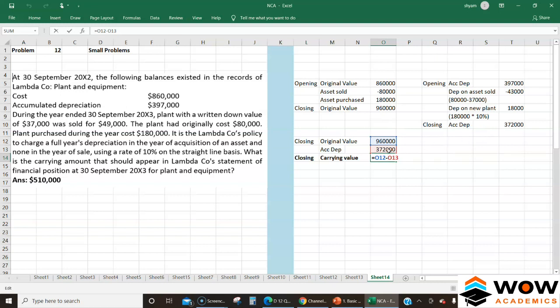But the answer comes to 5,88,000, and what they have given is 5,10,000.